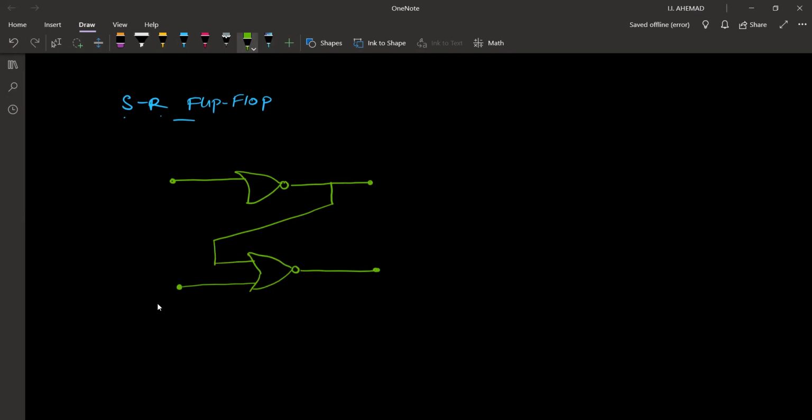Similarly, the output of this to the input of the other. Now we have got two buttons, set and reset. Then over here we have Q and Q bar. So this is the SR flip-flop using NOR gates.